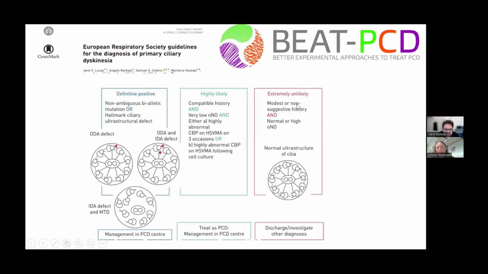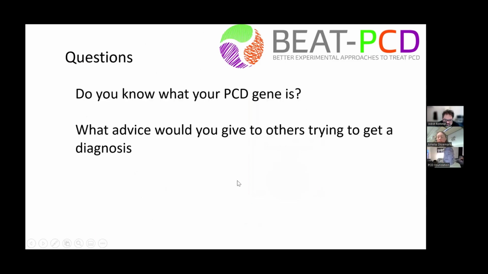So we say that PCD is extremely unlikely in a situation where their history is not strong, the nasal nitric oxide is normal, and the cilia ultrastructure and the way that the cilia are beating is normal. And it's also important to exclude a diagnosis of PCD because that allows your doctor to follow up on possible other causes of your symptoms or your bronchiectasis.